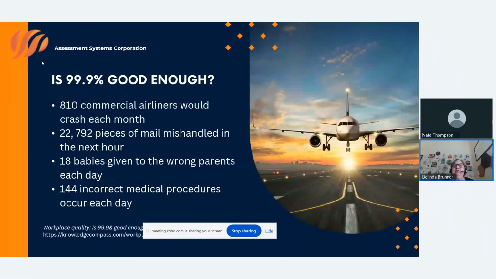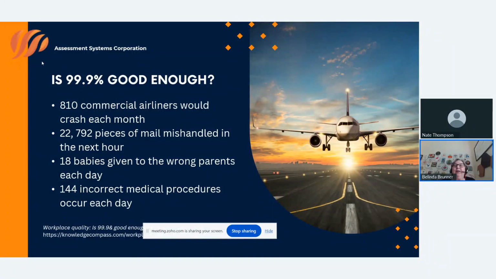Years ago, I used to do healthcare quality improvement, and I was exposed to this concept of, is 99% good enough? And probably for most things, that might be good enough. But if we think about it, and these are some statistics, I went online recently and tried to update the statistics.